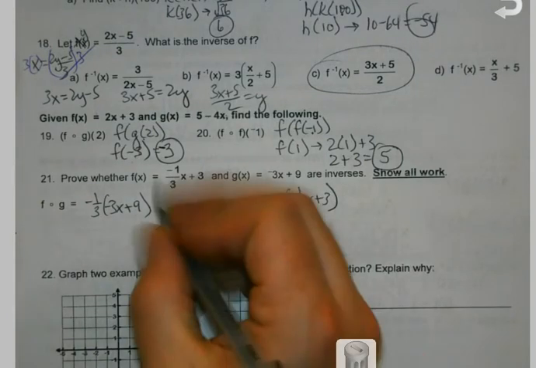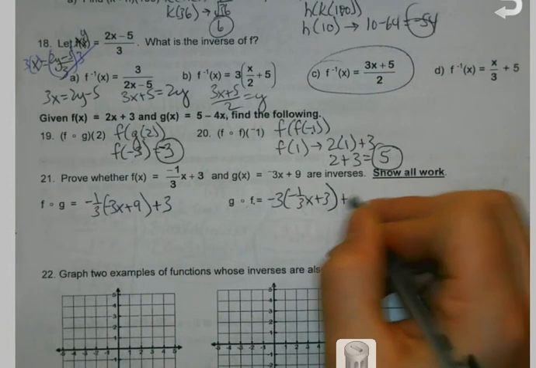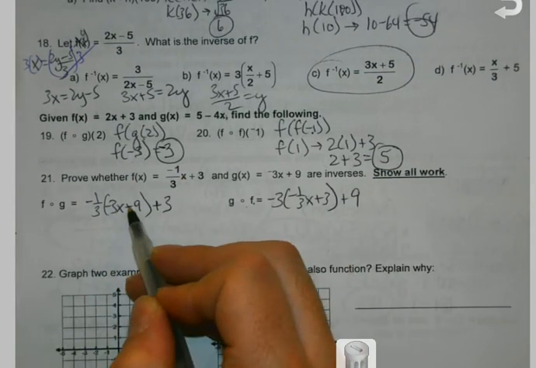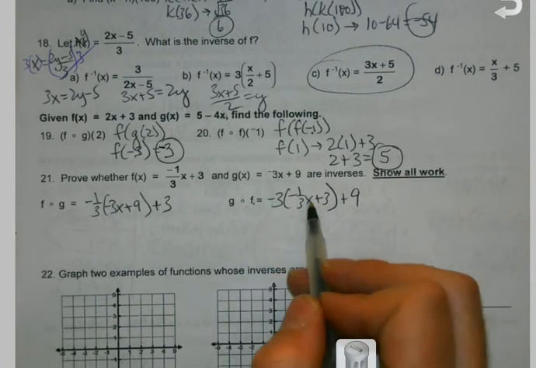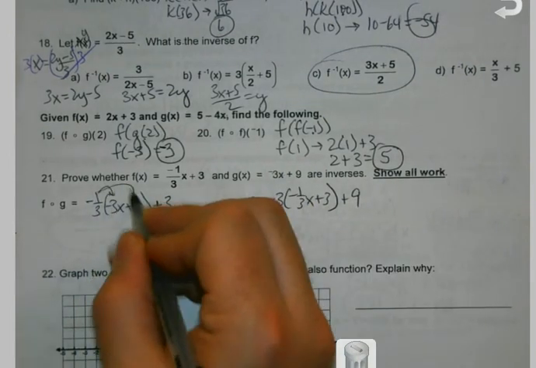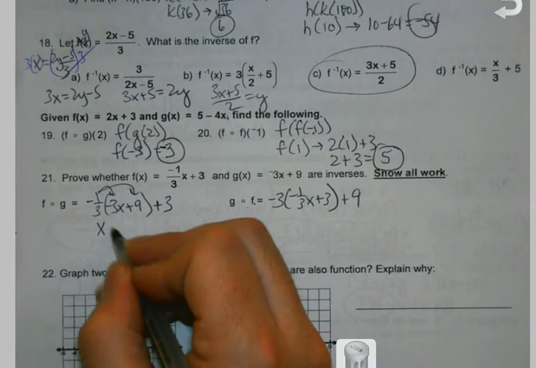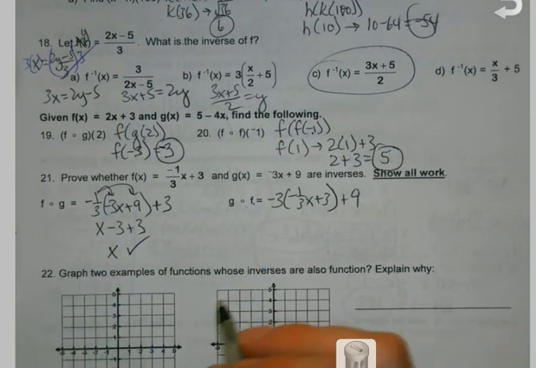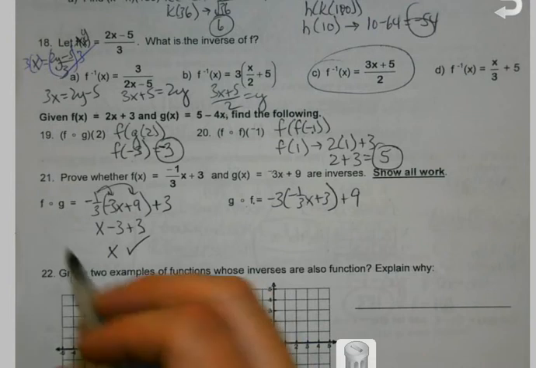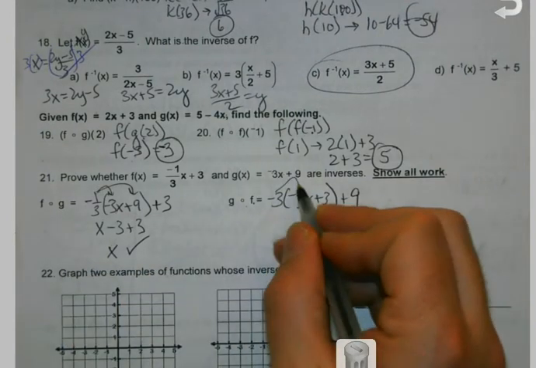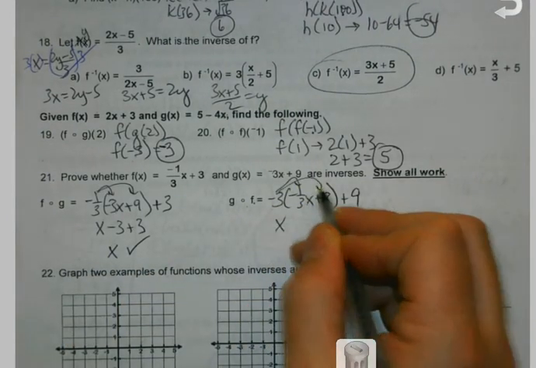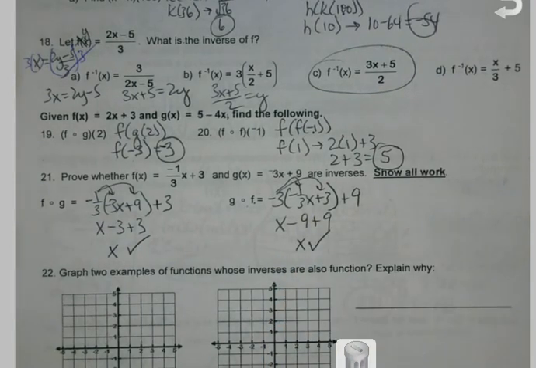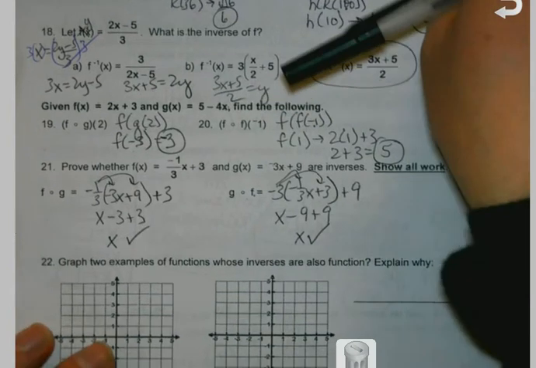So what should happen here, once I actually finish them off, because again, it's just the x that's being replaced by the other function. I should simplify this, and when I simplify it, I should get a solution of x back. Because if they're inverses, that's what you get when you find the composition of one into the other. And I do, and I'm proven. So that works out kind of nice.